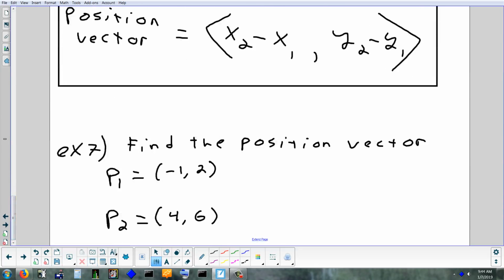All right, so let's finish up by finding the position vector for these 2 points. They didn't explicitly say which one is initial and which one is terminal, but if you had to use common sense, P1, P2, which one do you think is the starting point? P1. P2, the one that comes after it, that's the ending point.